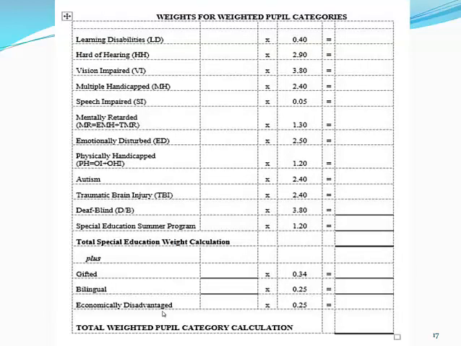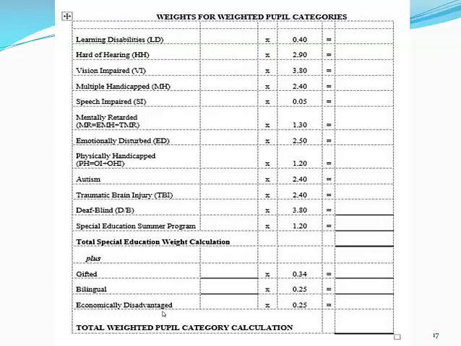Now let's look at pupil categories. Those are grade weights. Now we're dealing with pupil weights. And specifically here, we know we're looking at basically 3-4 different areas. We're looking at special education. We know that it costs more to educate students who are receiving special education services.